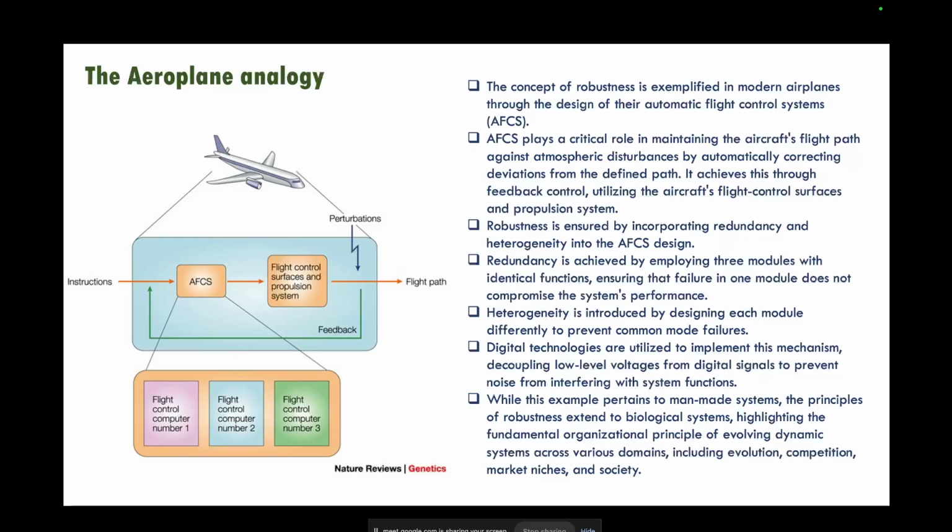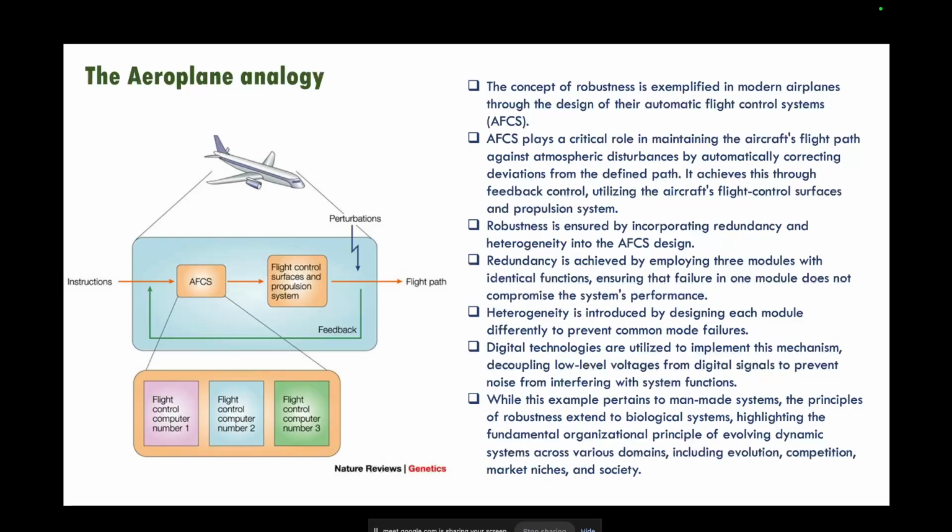So all of this, robustness, resilience, modularity, decoupling, everything is actually part of the network architecture, right? The concept of robustness is exemplified in modern airplanes through the design of their automatic flight control systems, which is AFCS. So basically, this is an analogy to robust systems, how robust systems should behave and how they are designed to behave.